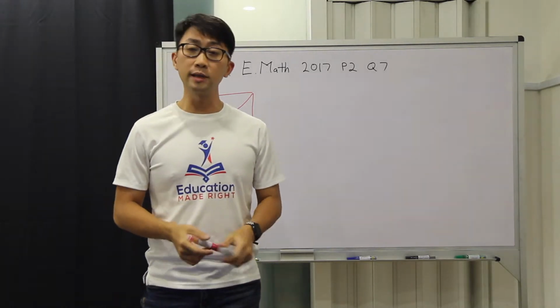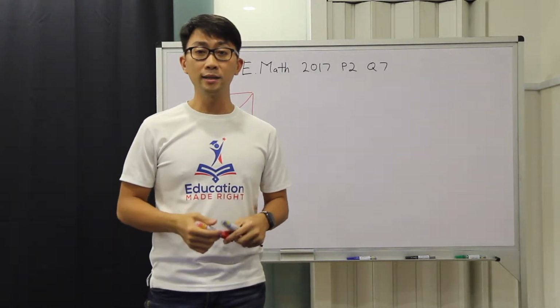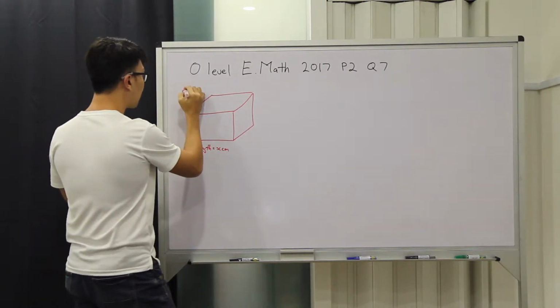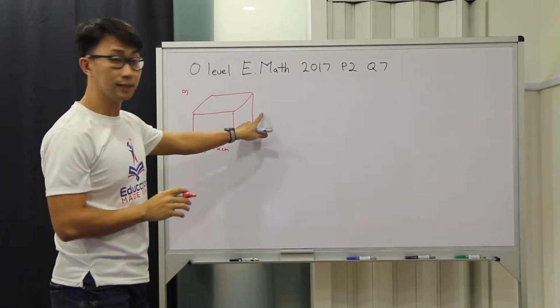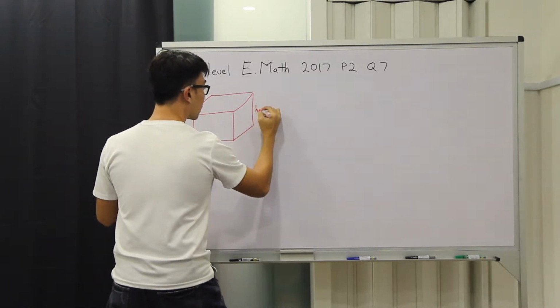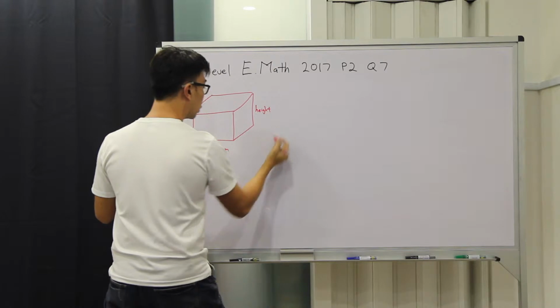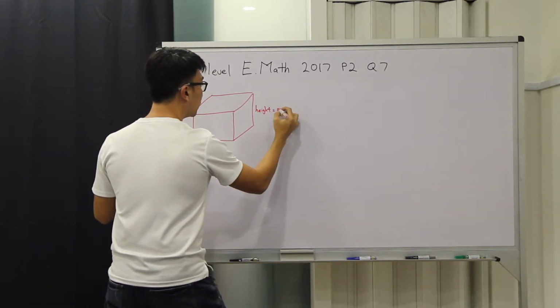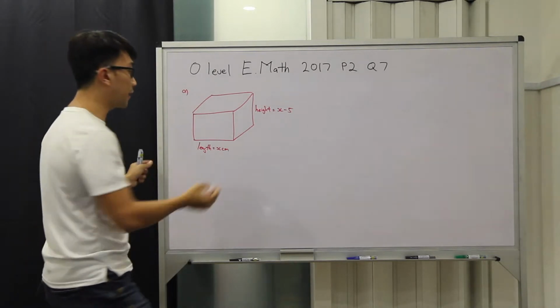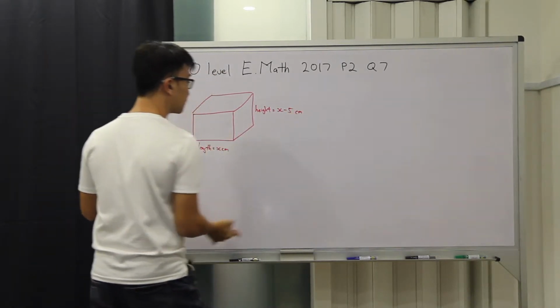Write down expressions in terms of x for the height and the width of the box. Let us recall that the height is 5 cm less than its length. So we have the height equals 5 cm less than the length, so that will be x minus 5 cm.